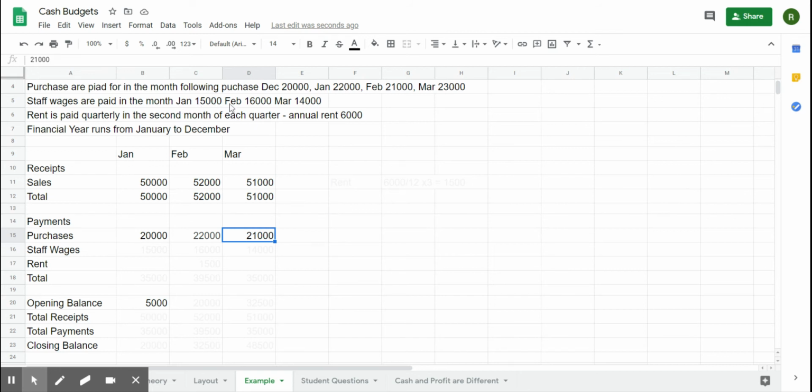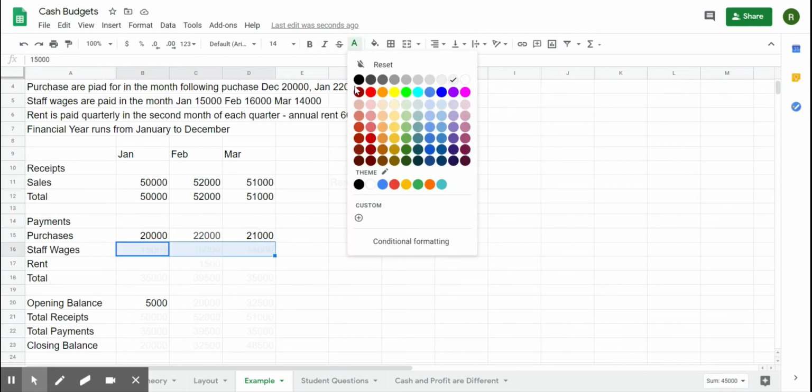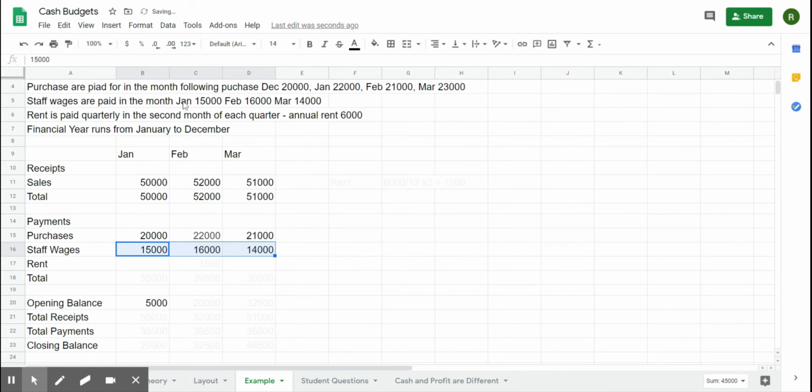Staff wages are paid in the month, so that's straightforward. We can just add the 3 figures in that correspond with the month when the work was done by the members of staff. And the rent is paid quarterly in the second month of each quarter.